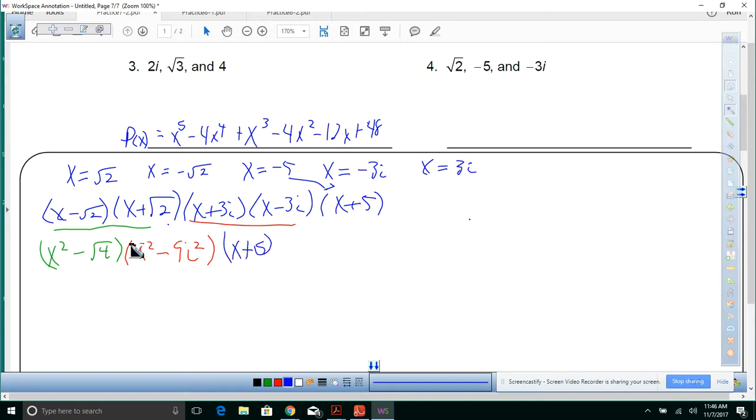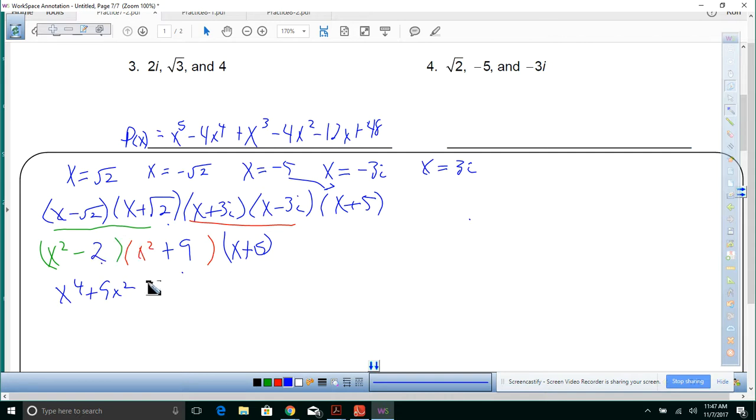All right, so well, I squared is -1, and -9 times -1 is plus 9. Okay, so x squared times x squared is x to the 4th. X squared times 9 is plus 9x squared. The square root of -4 is 2.